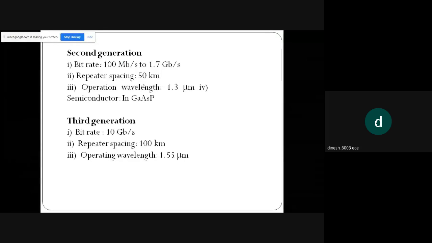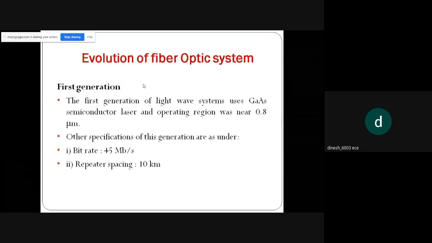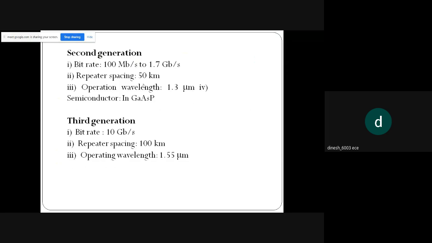Next came the second generation. The bitrate, which was only 45 megabits per second in the first generation, was upgraded to 100 megabits per second to 1.7 gigabits per second of information transmitted from source to destination with a repeater spacing of 50 kilometers.